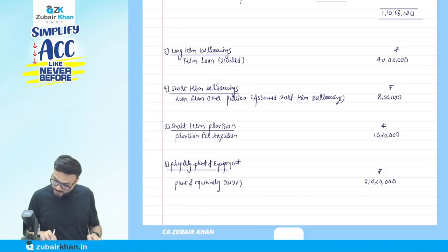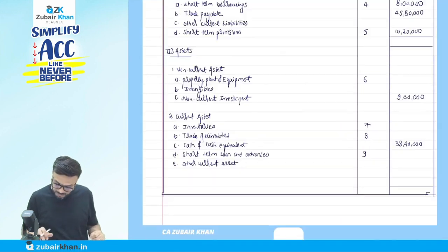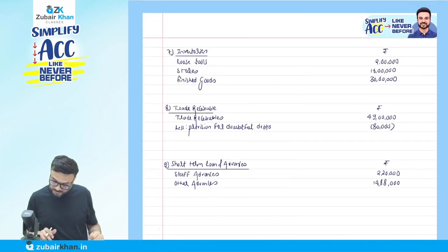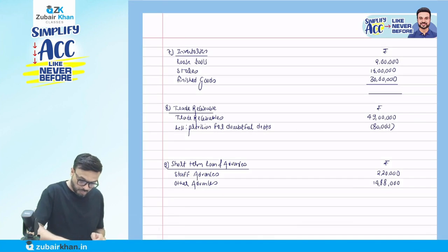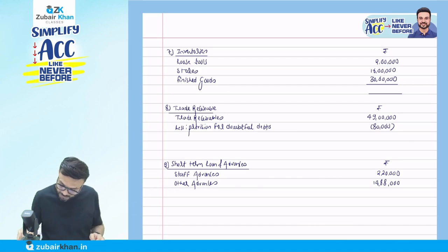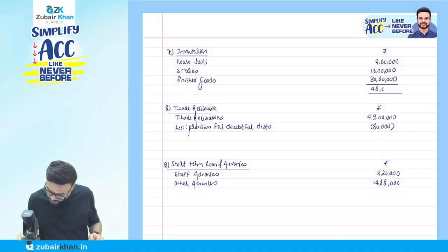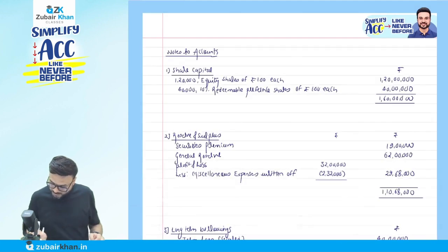Okay, then we have plant and machinery 2 crore 14 lakh. Then the seventh is loose tools and this inventory, basically 2 lakhs plus 16 lakh plus 30 lakh. Okay, that is coming 48 lakhs.